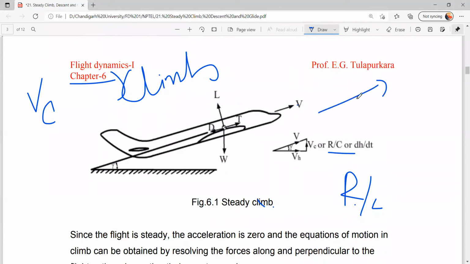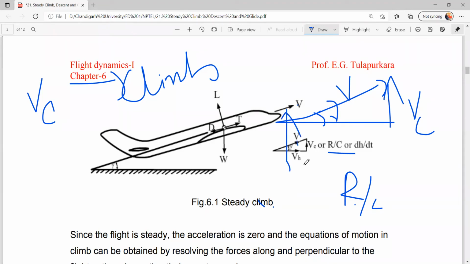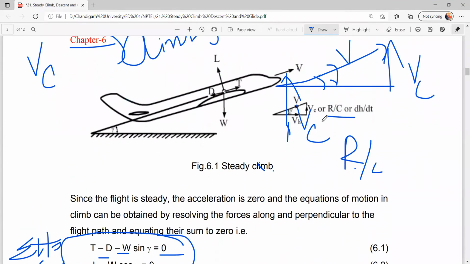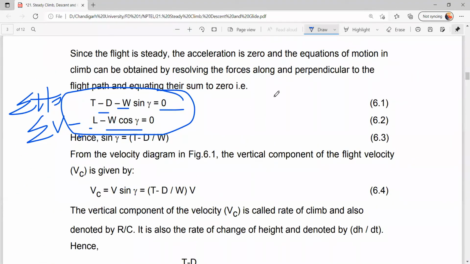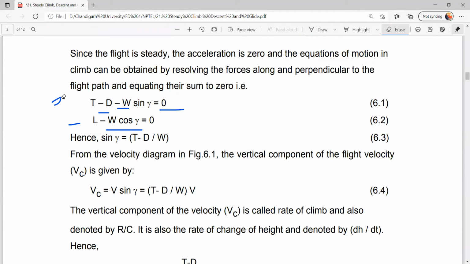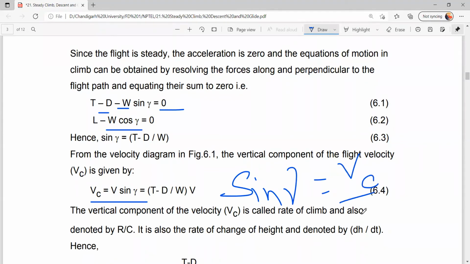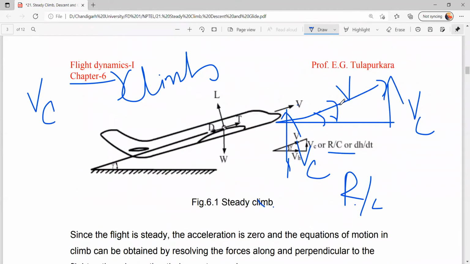So the velocity of the aircraft is given as V, and vertical speed is given as VC. Okay, so the angle between these two parameters is gamma. Right, this is the angle. So taking sine gamma will give us opposite by hypotenuse.